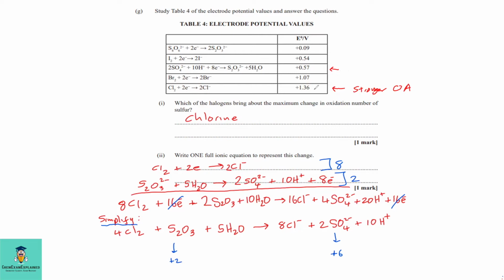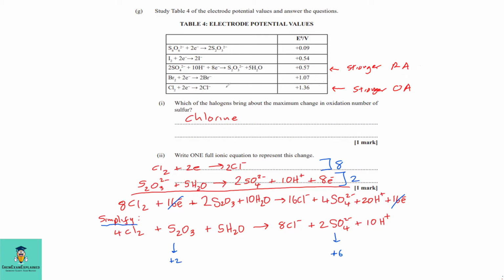Now, the more negative the value, the stronger a reducing agent you are, which means that if you are a reducing agent, then you are oxidized, which means that the electrons must be on the right-hand side of the equation.